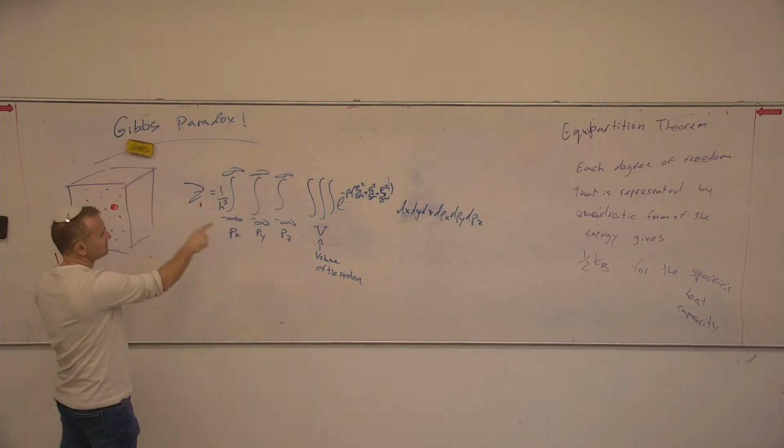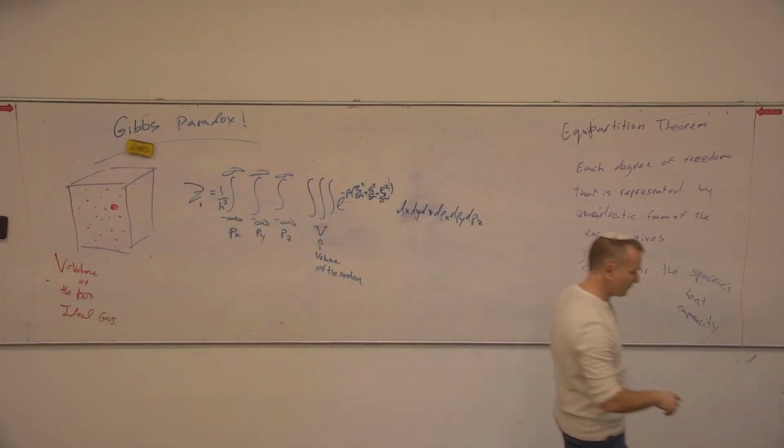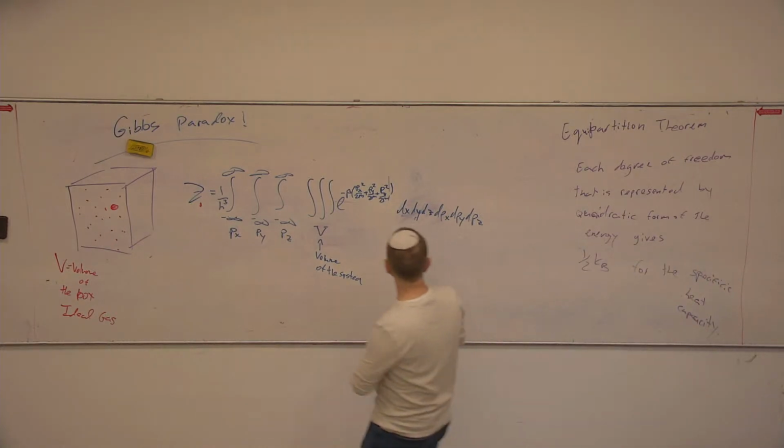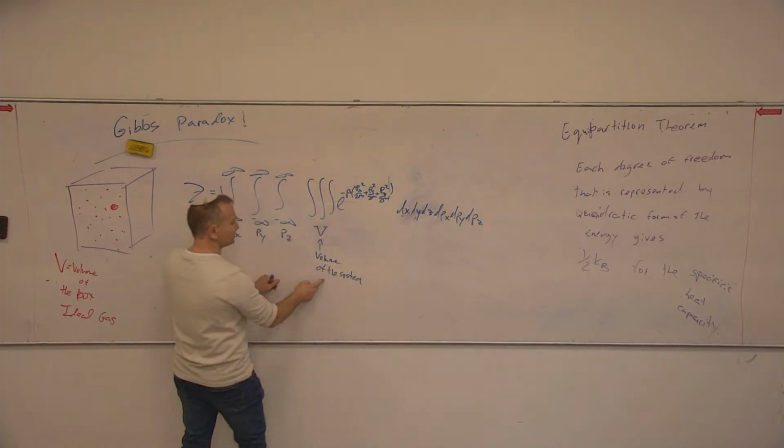Okay, so what happens in this integral over here? Let's see. Integration dx dy dz is its integration over the volume.